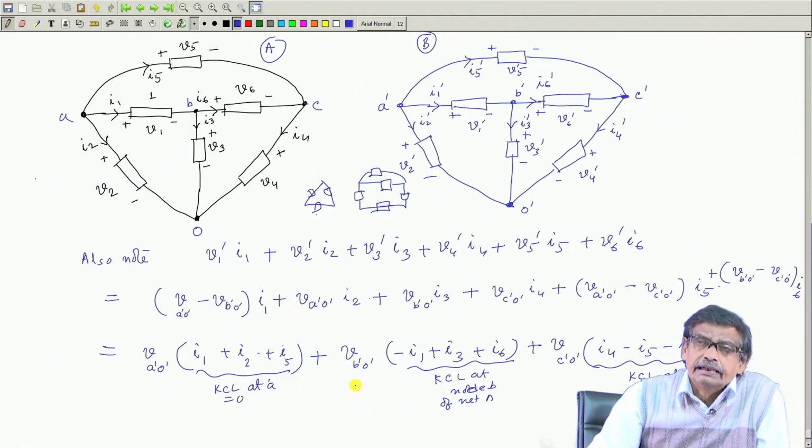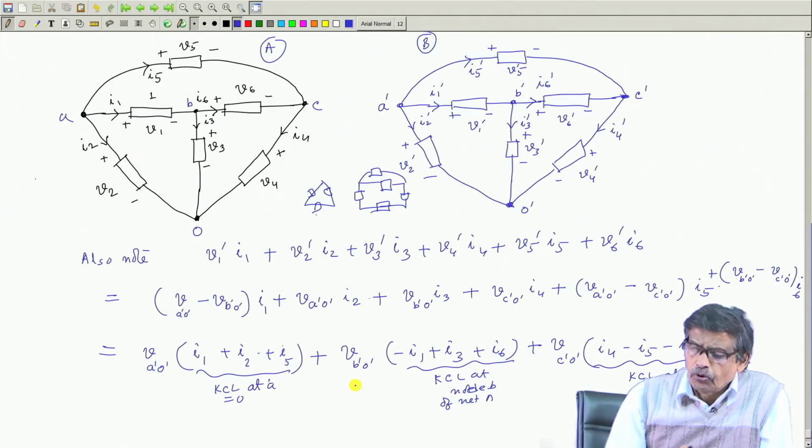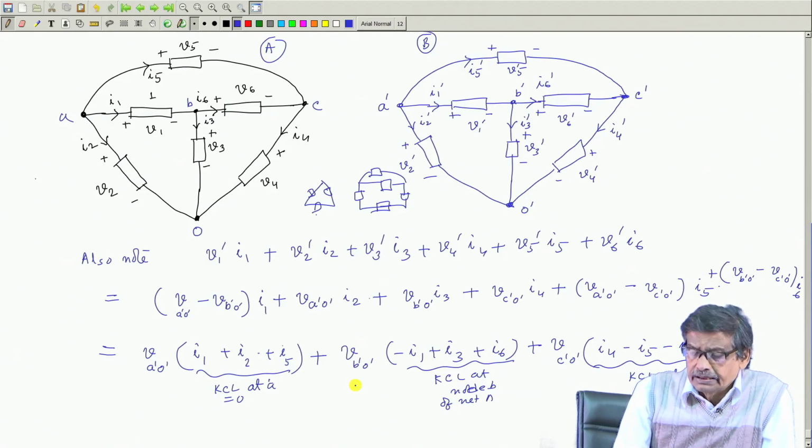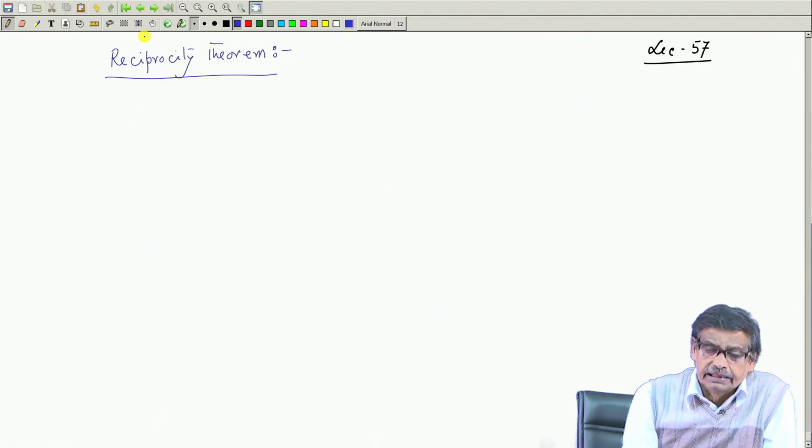Now, this Tellegen's theorem has several applications in the field of signal processing and so on. But so far as network analysis is concerned, as and when required I will apply that.